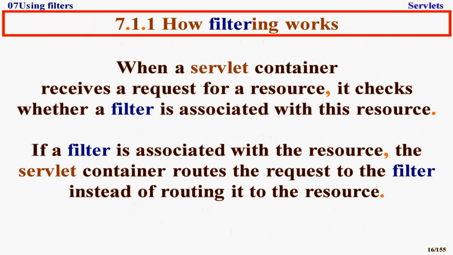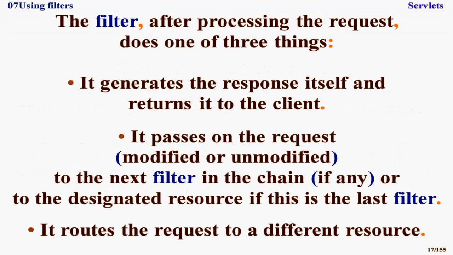7.1.1. How filtering works. When a servlet container receives a request for a resource, it checks whether a filter is associated with this resource. If a filter is associated with the resource, the servlet container routes the request to the filter instead of routing it to the resource. The filter, after processing the request, does one of three things.